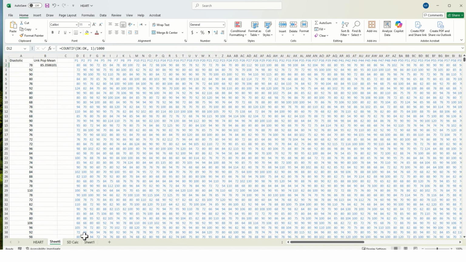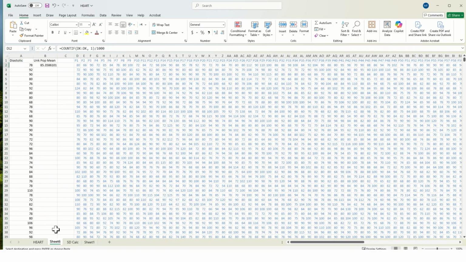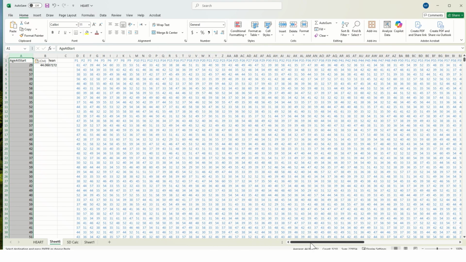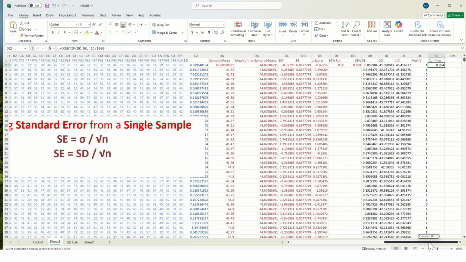Now let's verify it further and replace the diastolic values with maybe age at start. Go back and replace it with age at start. And let's see how many times. Again, 95.4% of 1,000 samples were able to capture the true population mean.